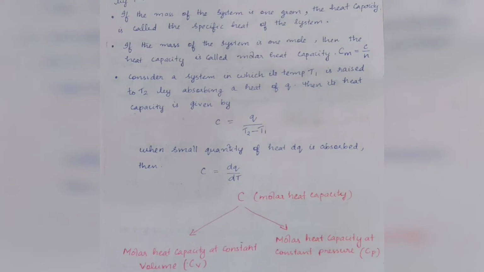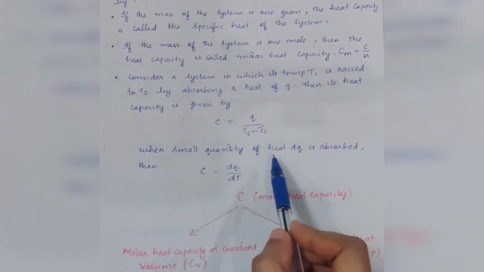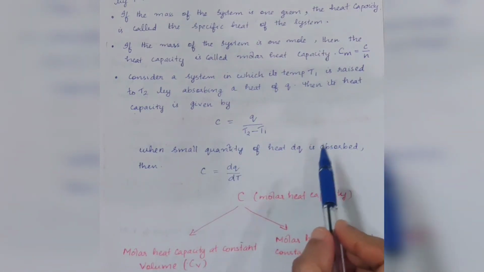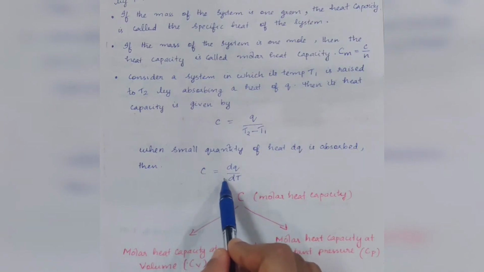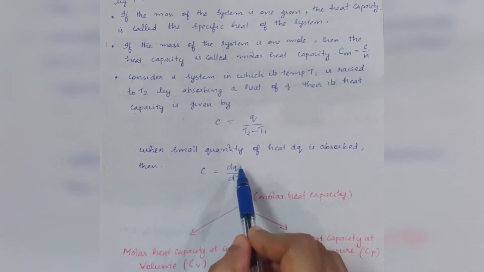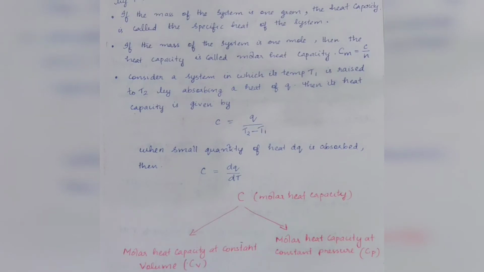Consider a system whose temperature T1 is raised to T2 by absorbing a heat of Q. Then its heat capacity is given by the equation C = Q / (T2 - T1), that is Q by delta T. If you are considering a very small quantity of heat dQ being absorbed, we can write heat capacity C = dQ/dT.